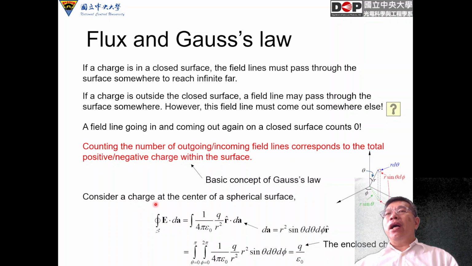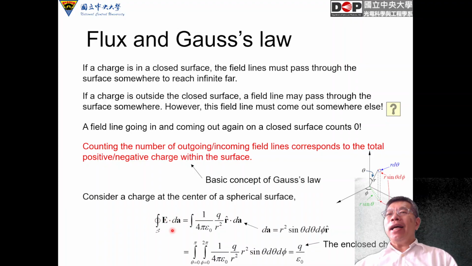So consider a charge at the center of a spherical surface. Here, this spherical surface is just what we call the Gauss surface. We try to imagine one surface, which is a spherical surface. So we just consider we have a surface where we take the integral of the flux.